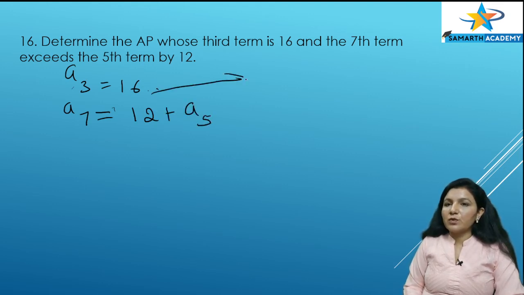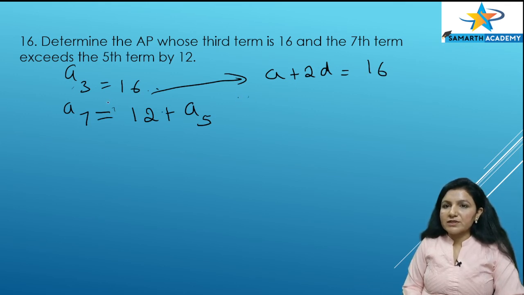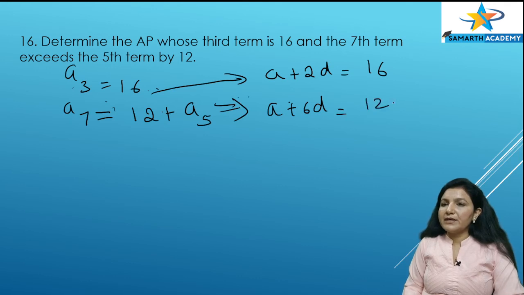So, by the first one, what happens? A plus 2D is equal to 16 by using the general formula. Here, the seventh term is what? A plus 6D equal to 12 plus the fifth term, which is A plus 4D.